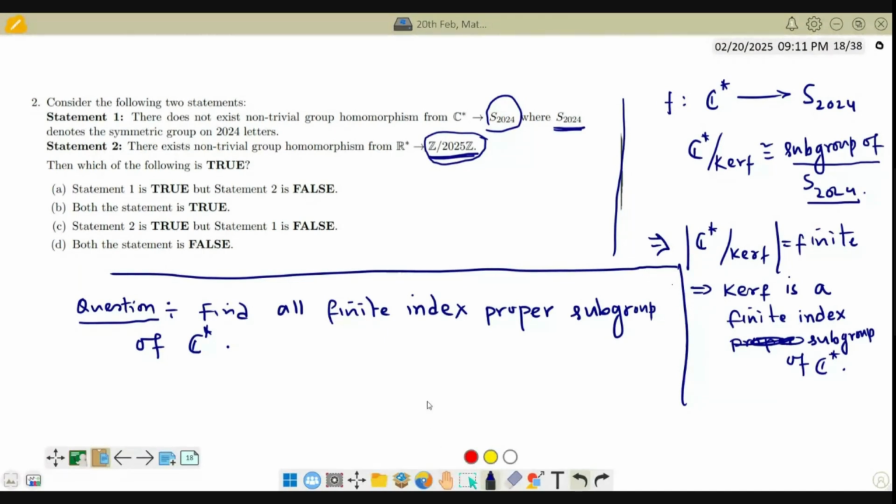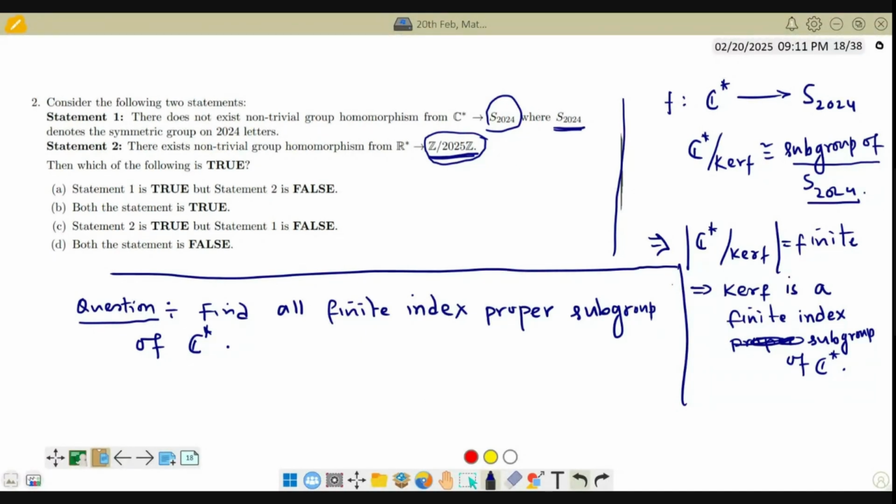Is it clear, or do you have any doubt till now? It is clear, because we are reducing the problem to finding how many finite index kernels are possible in the case of S_2024. Yes. Is it clear to everyone? What is the meaning of finite index proper subgroup, sir?